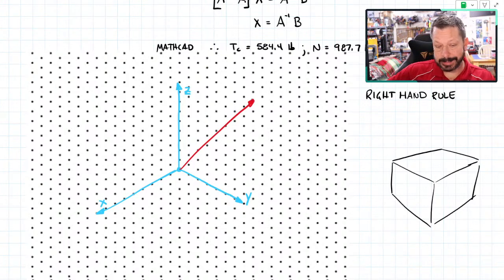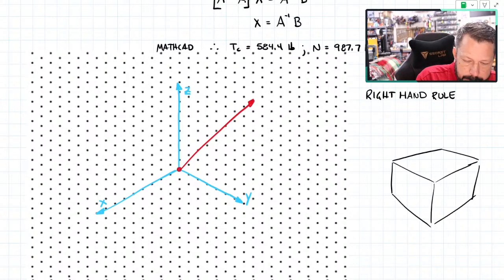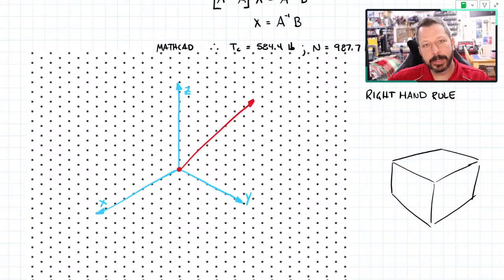Or maybe it's in the XZ plane kind of pointing backwards and up. So an arrow by itself doesn't really help. You need the endpoints, or you need a point on that line. We're still in a concurrent force system, so one point is going to be the origin, right? But we need another point on this arrow somewhere.